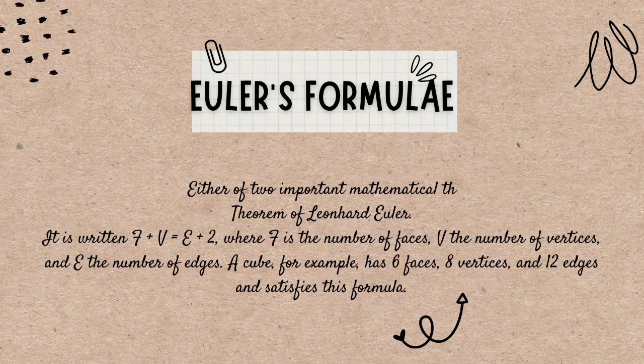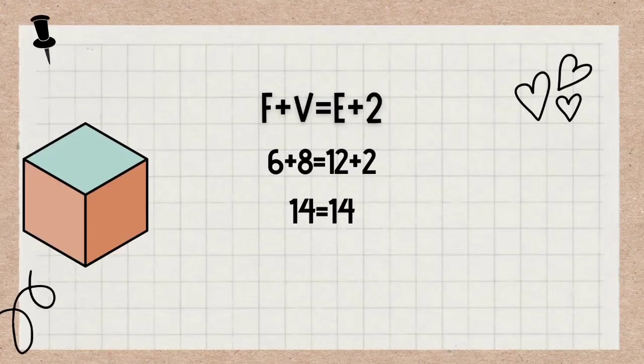We have here an example. The cube, for example, has 6 faces, 8 vertices, and 12 edges. What would be the possible answer? Let's try this example. We have here the cube, and the formula F + V = E + 2. The value of F is 6, the faces of the cube.